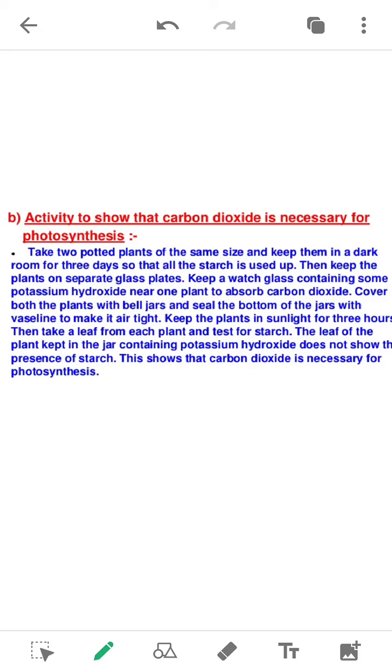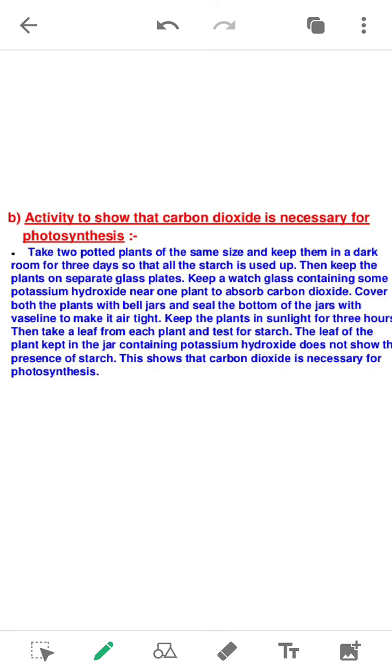Place a watch glass containing potassium hydroxide (KOH) by the side of one of the plants. The potassium hydroxide is used to absorb carbon dioxide. Cover both the plants with separate bell jars. Use Vaseline to seal the bottom of the jars to the glass plates so that the setup is airtight.